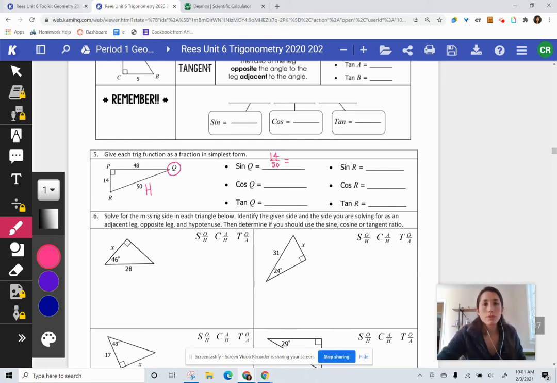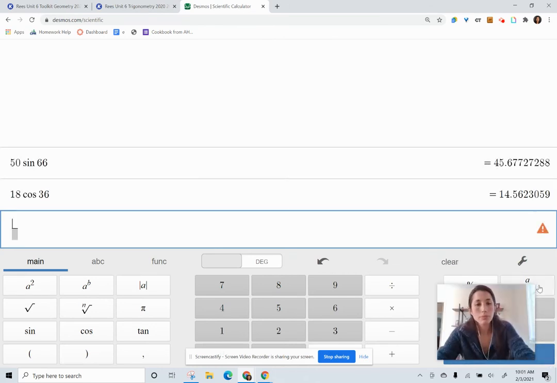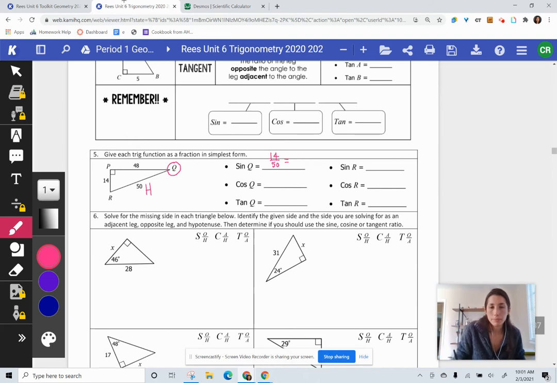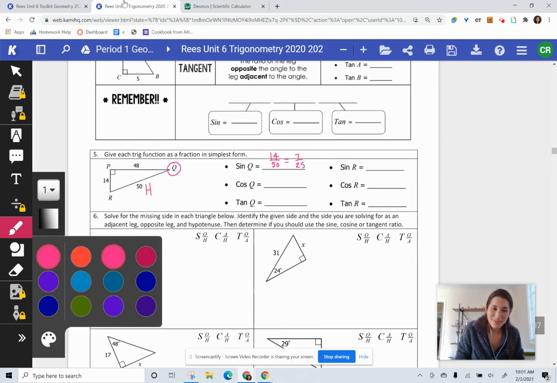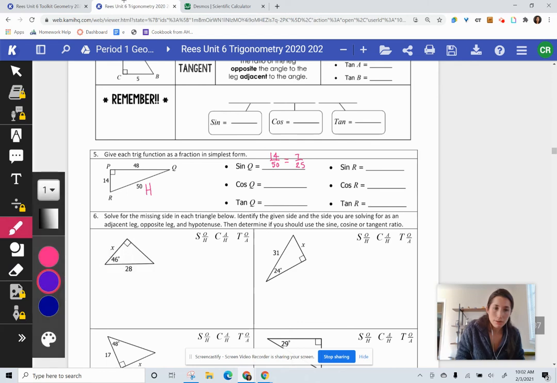I would also go ahead and simplify that. What is 14 over 50 as a simplified fraction? And it is 7/25. Just divide by 2, essentially. Now the difference is from angle R, opposite is now 48.